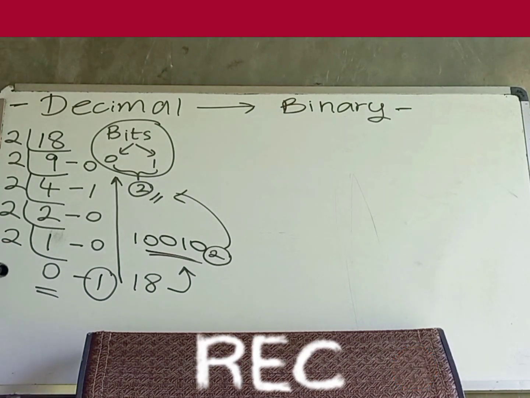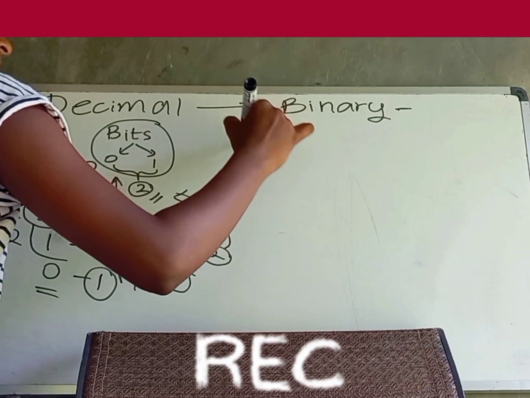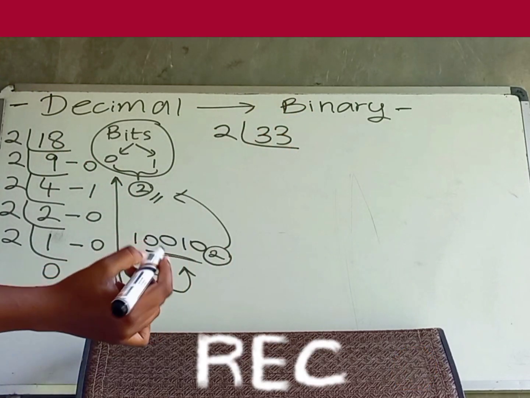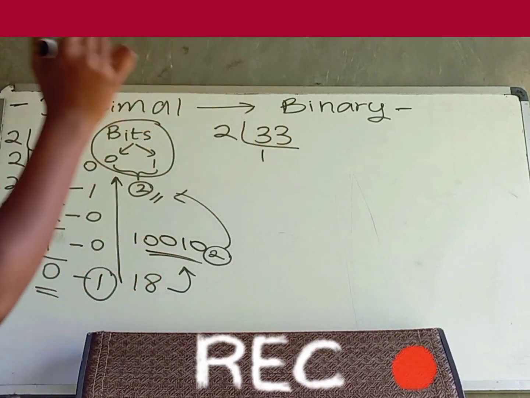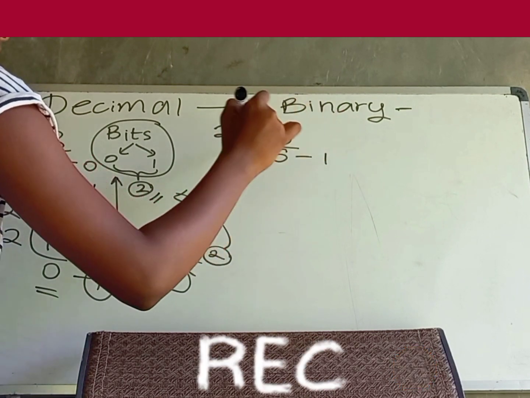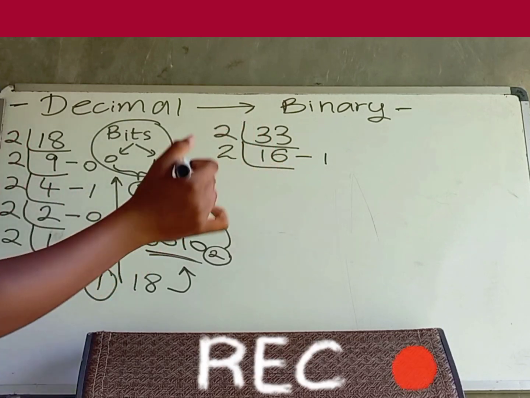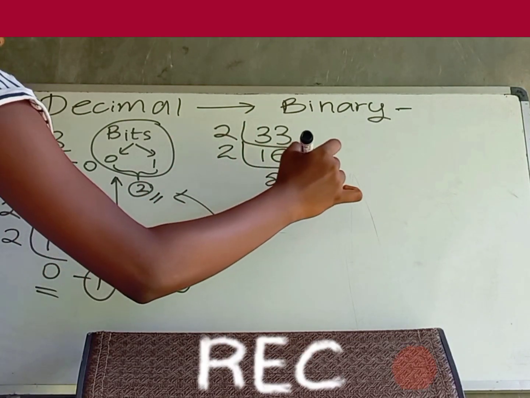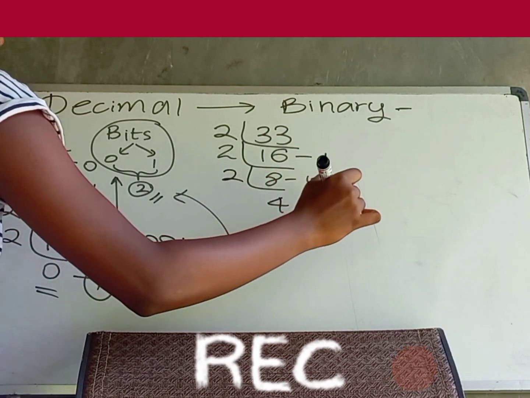Let us get another number, like 33, divided by 2. 16 remainder 1. Divide by 2, 8 remainder 0. Divide by 2, 4 remainder 0.